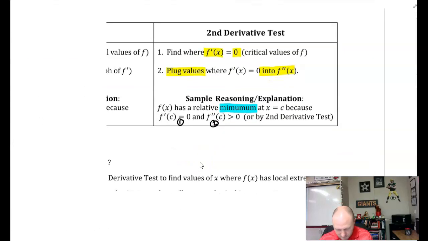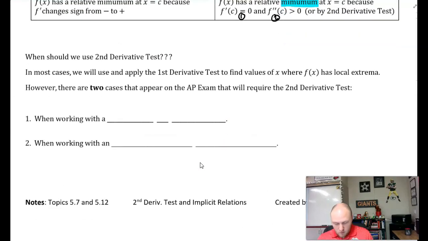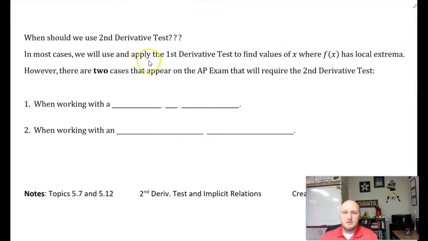Okay? So, when should we use the second derivative test? Well, in most cases, we'll just use and apply the first derivative test in order to find values of x where f of x has local extrema. But there are 2 cases that appear on the AP exam that will require the second derivative test.